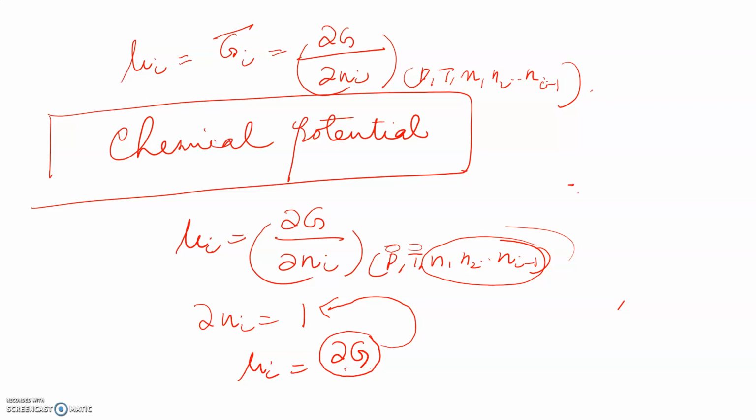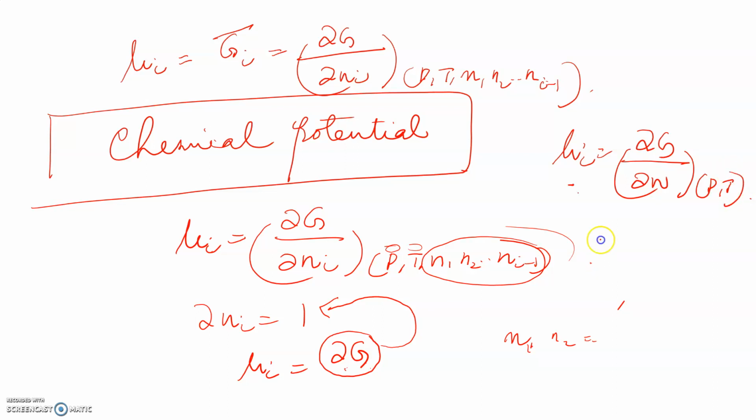Okay, suppose there are no other components present. That means there is only one component, N1, N2, etc. all of them vanish. There is only one component, and hence we can write mu I is equal to dou G by dou N at constant pressure and temperature. So what is mu I now?